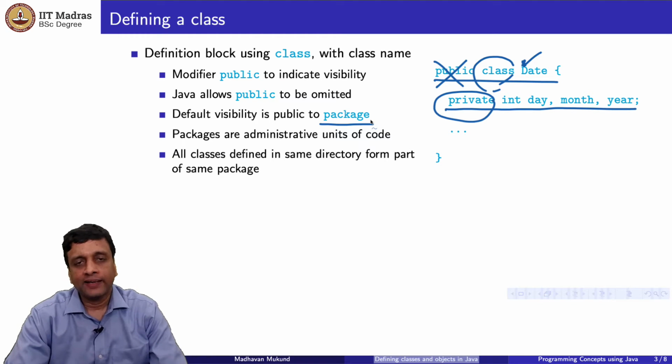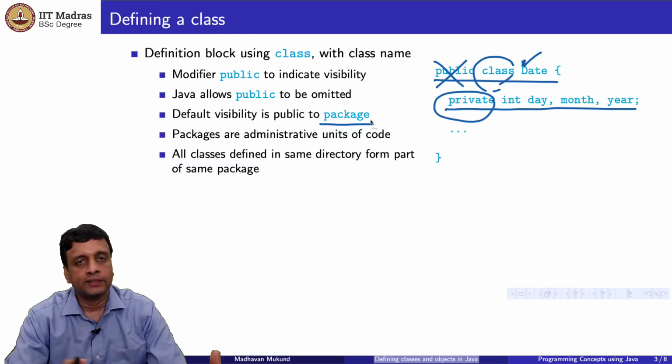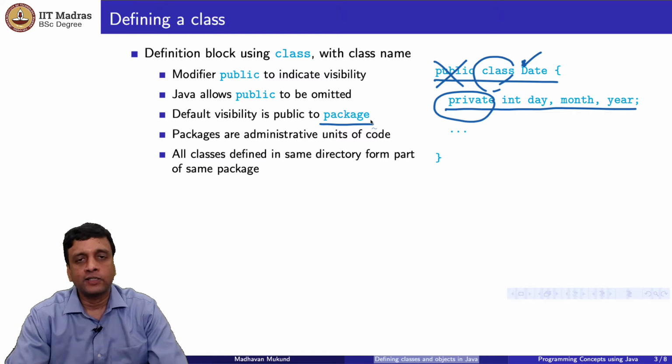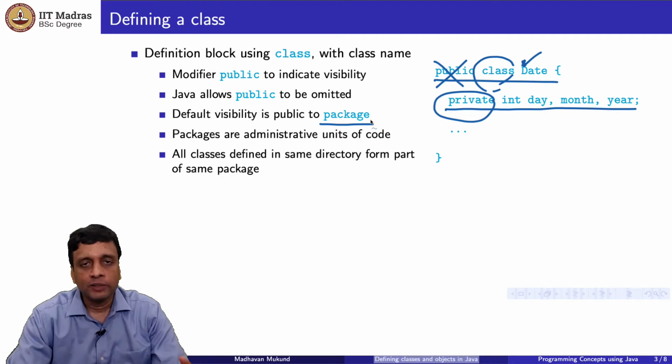Now the notion of a package is completely administrative. It has nothing to do with functionality of the code. It's just a way of organizing your code. It's a bit like libraries, or like putting your files into a folder or your mailbox into separate folders. So it is an organizational unit. If I don't say public explicitly, then the visibility is public within the current package.